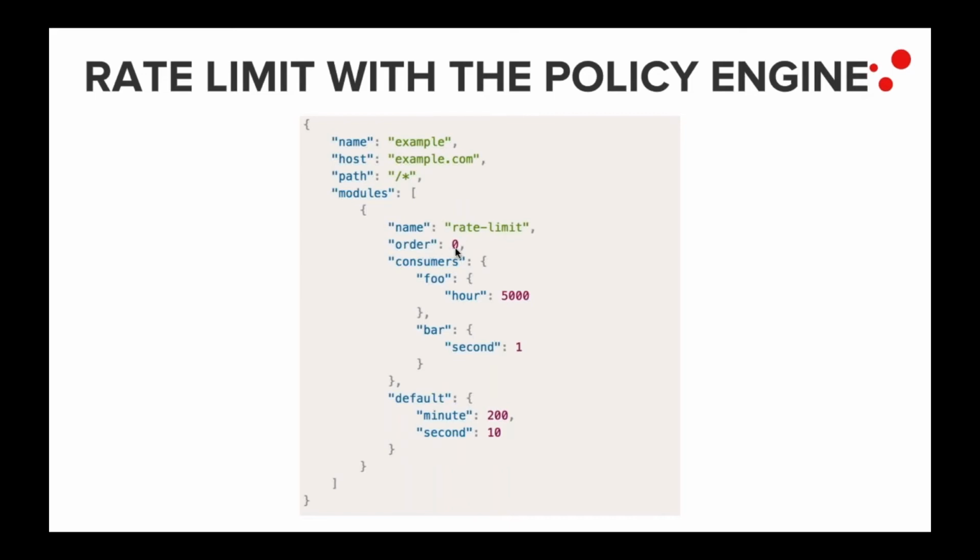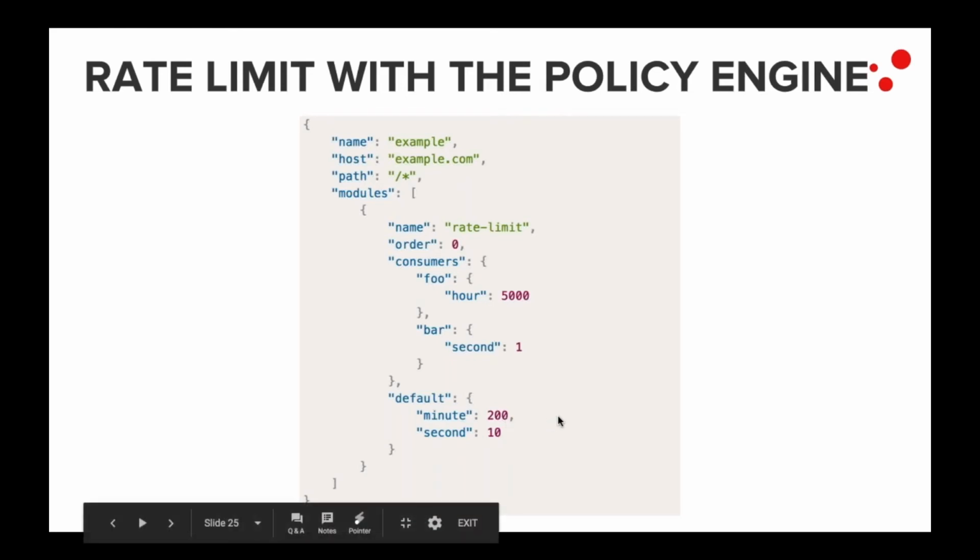In this example, again, this is the first module the request will run through, and we have a couple of consumers again. Foo can actually do 5,000 requests per hour, and Bar can do 1 request per second. By default, we accept 200 requests per minute and 10 requests per second.